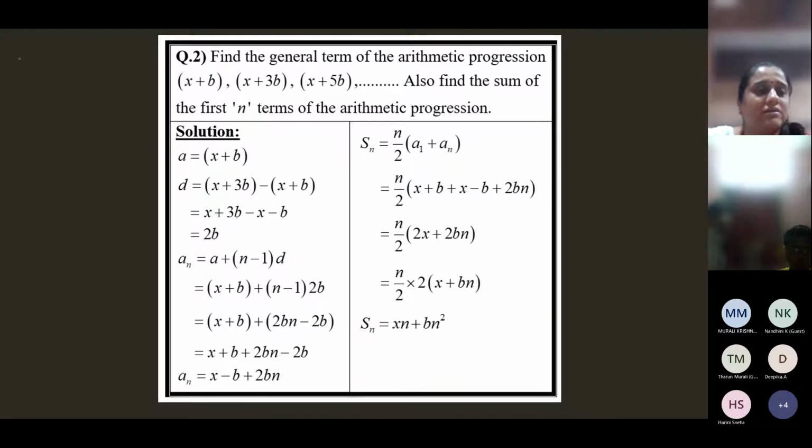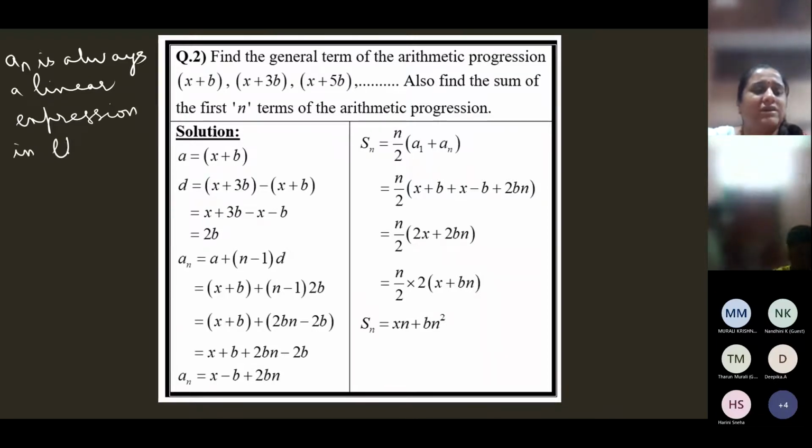So let me write that again. an is always a linear expression in n, in the variable n.